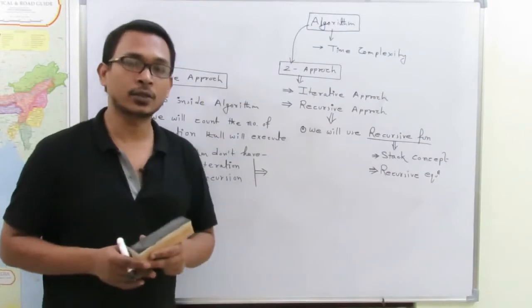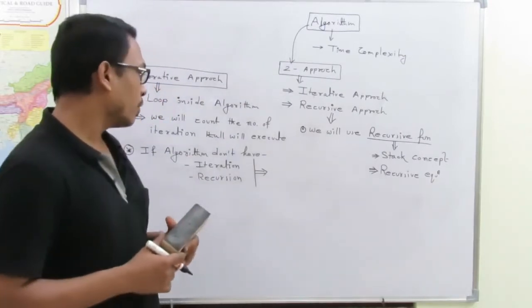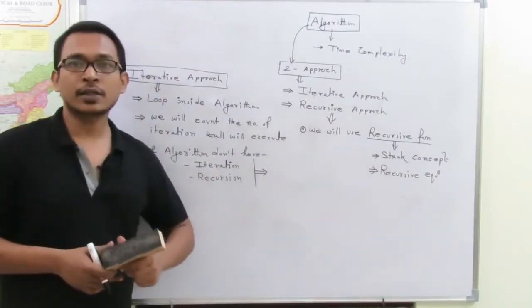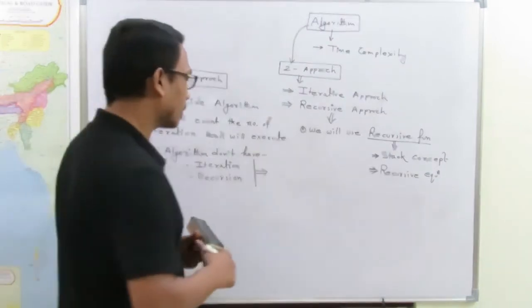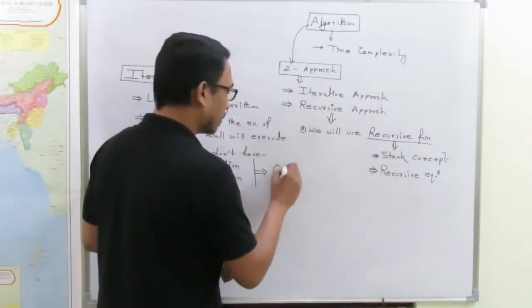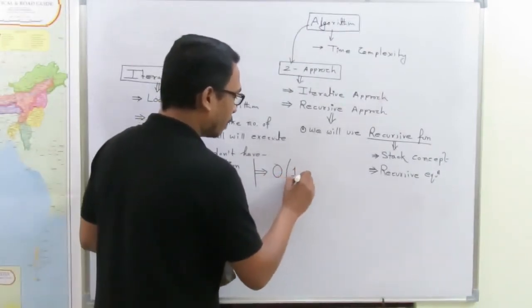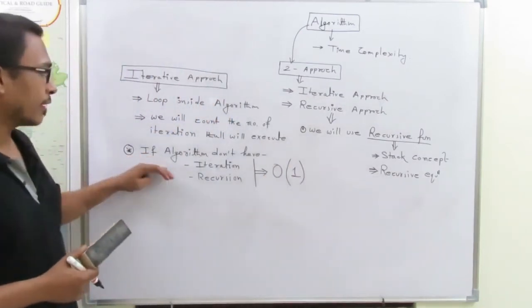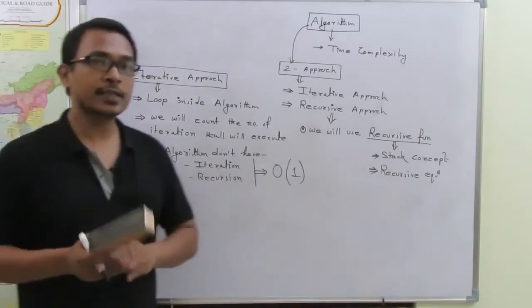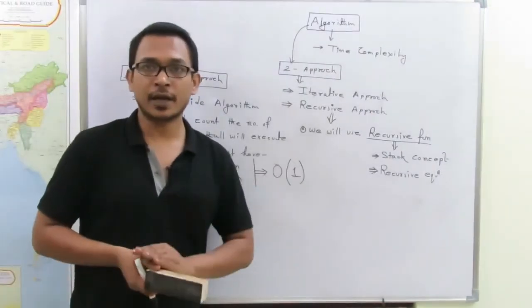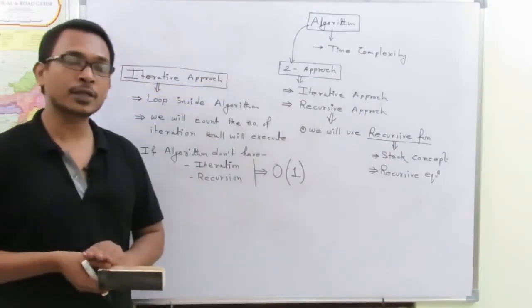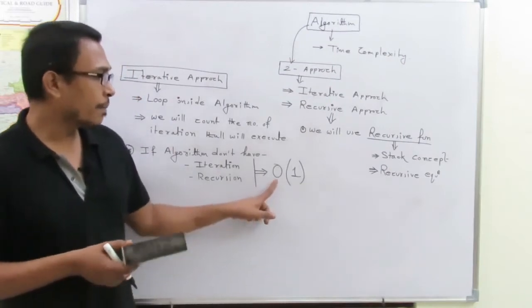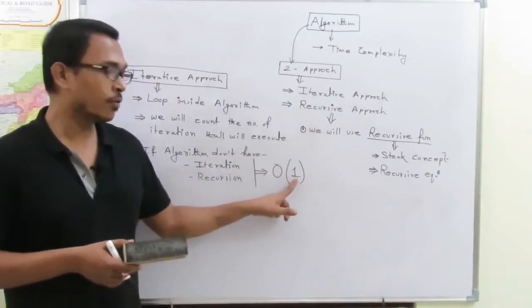So how can we represent the constant time? We can represent the constant time complexity by using big O of 1. Whenever any algorithm or any instruction takes only a constant time, at that time the complexity will be represented by using big O notation and 1.